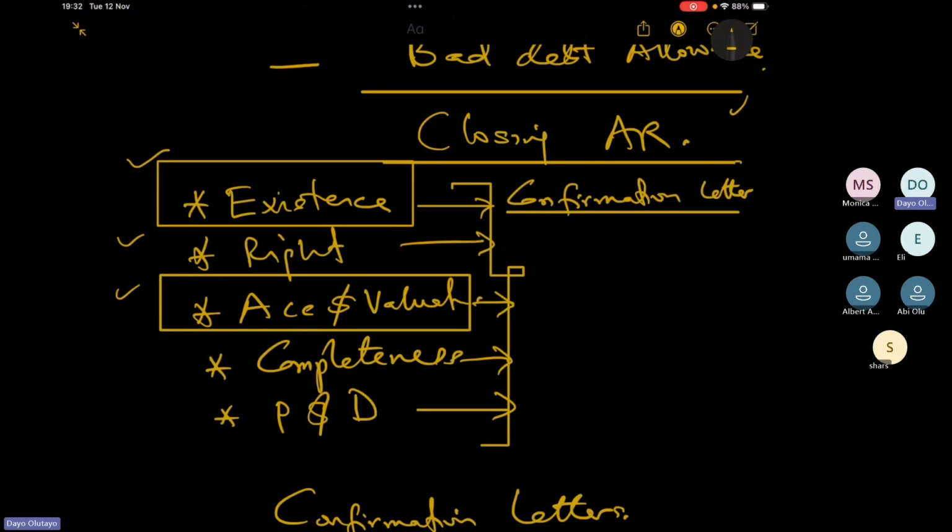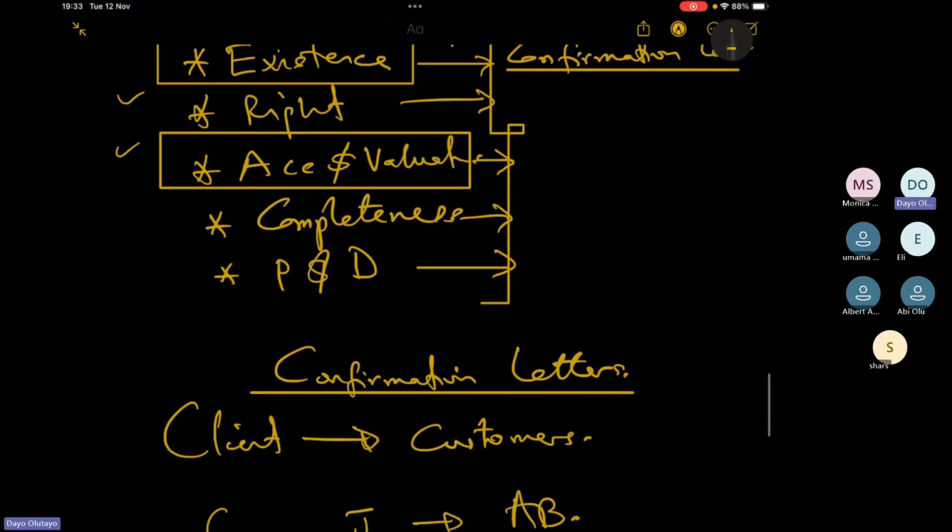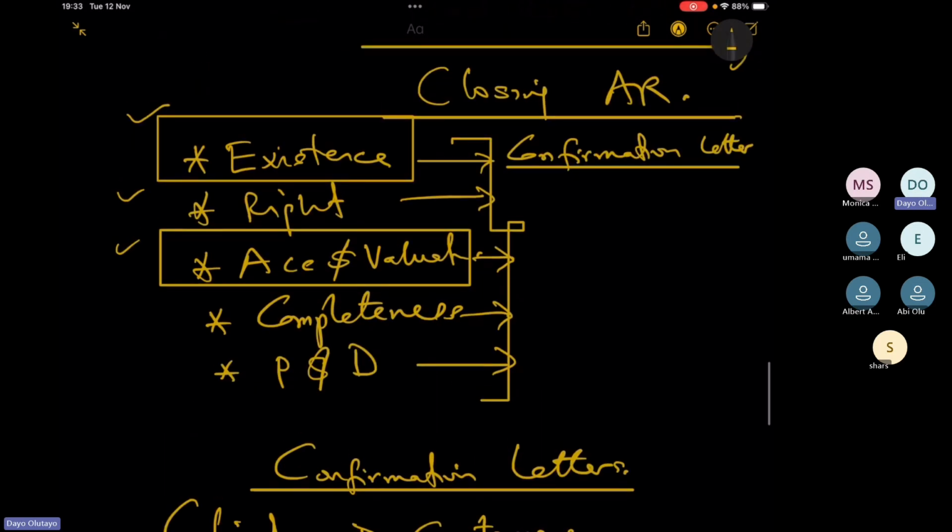You can see one procedure, and you can see how you can be efficient with audit, especially in real practice, when we don't have so much time to spend. When you can find such a procedure that can tick a lot of assertions for you, those are your best procedures, right? And that's why if you're auditing accounts receivable and you're not talking of confirmation letters, it's almost impossible to be speaking properly.